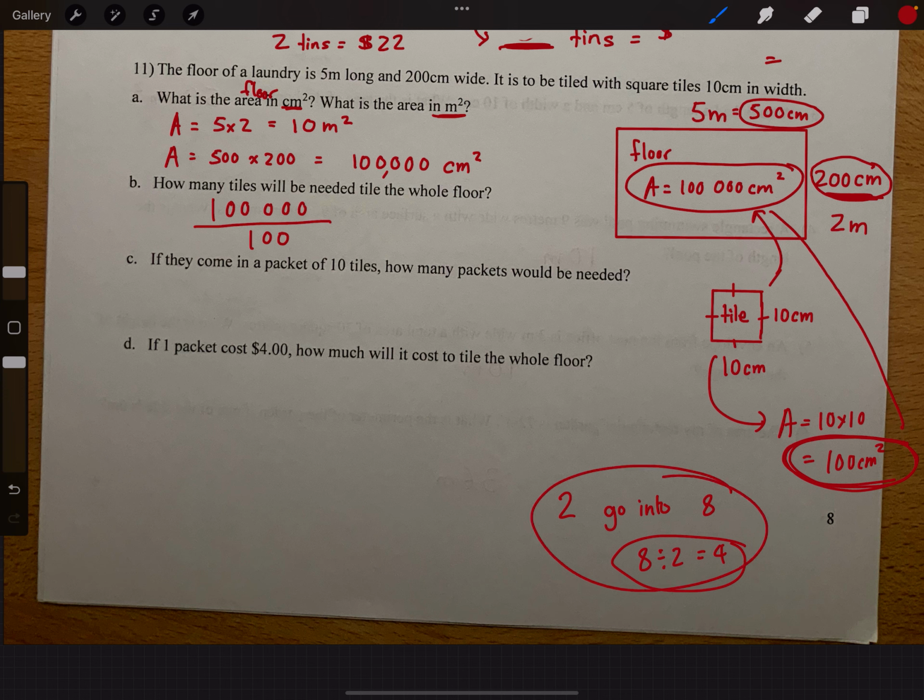When you divide, I like to put it into a fraction because I can cross out the zeros. 1 from the top, 1 from the bottom, 1 from the top, 1 from the bottom. So you're left with 1,000 over 1. Any number over 1 is just the whole number, so it's 1,000. The question says how many tiles? Well, you need 1,000 tiles.